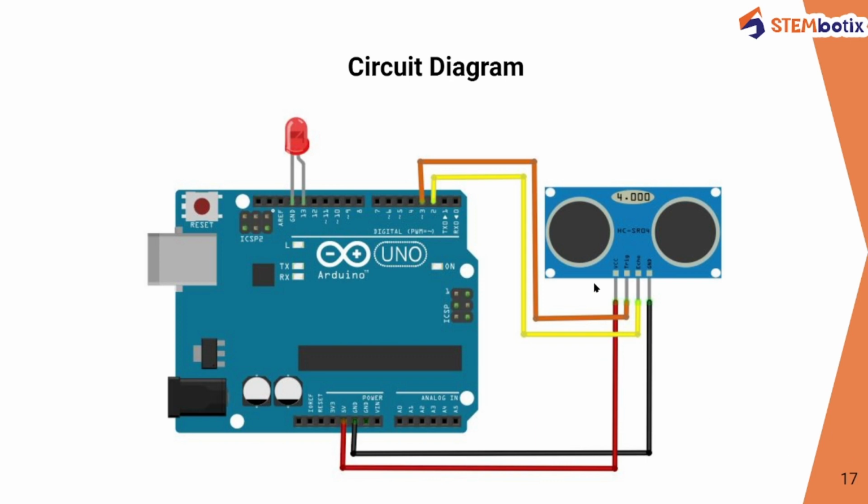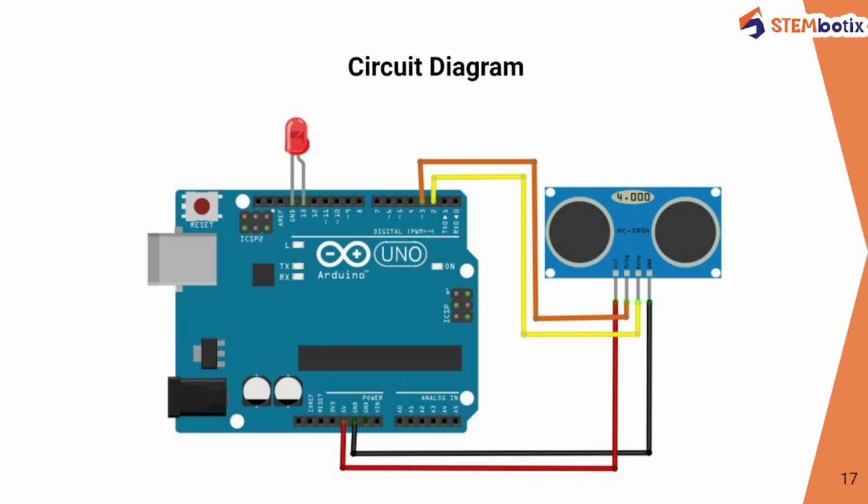Here the ultrasonic sensor's pins are going to be connected with the Arduino Uno's pins. The VCC pin is connected to the 5 volt pin of the Arduino Uno. The GND pin of the ultrasonic sensor is connected to the GND pin of the Arduino Uno board.